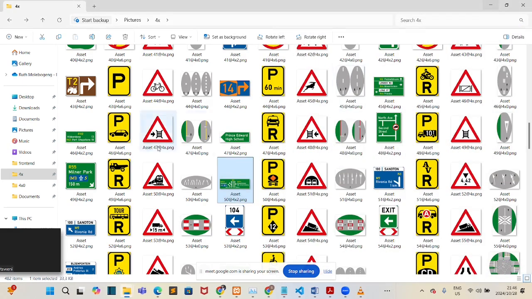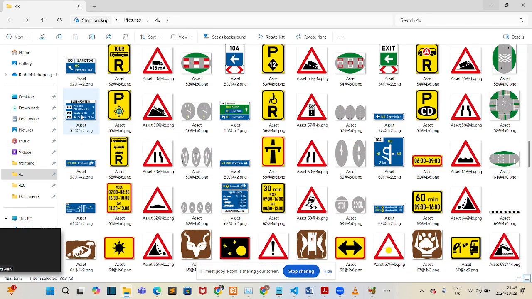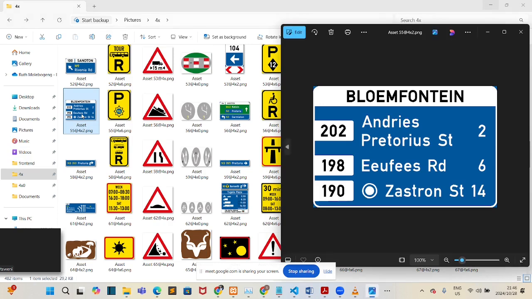Mbali, the following sign. You are given this sign. I nearly gave you the answer. What is the purpose of this road sign? A, to indicate in good time exits that are closer together, all leading to the same town. B, the distance in kilometers to the next town or suburb.